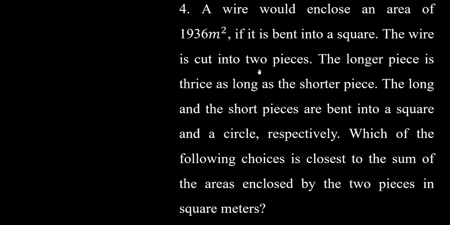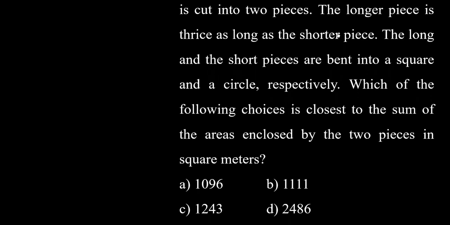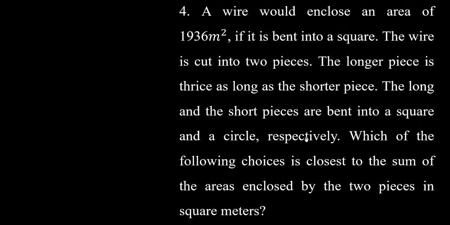If you observe the options, the answer should definitely be less than the given area. It should not be 2486, damn sure. When you cut into pieces, the area will be reduced. Now try and let me know the closest summation of those two pieces' areas.